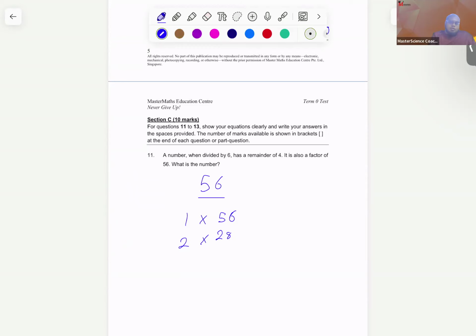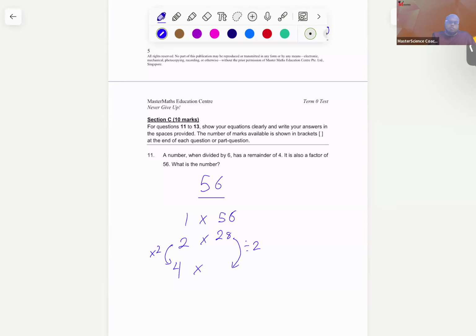Now, 3 cannot. Now, let me try 4. Now, there's a 2, right? Okay, so 2 times what is 4? 2 times 2. Now, the other side, what I do is, I do the opposite. I divide by 2. What is 28 divided by 2? 14.